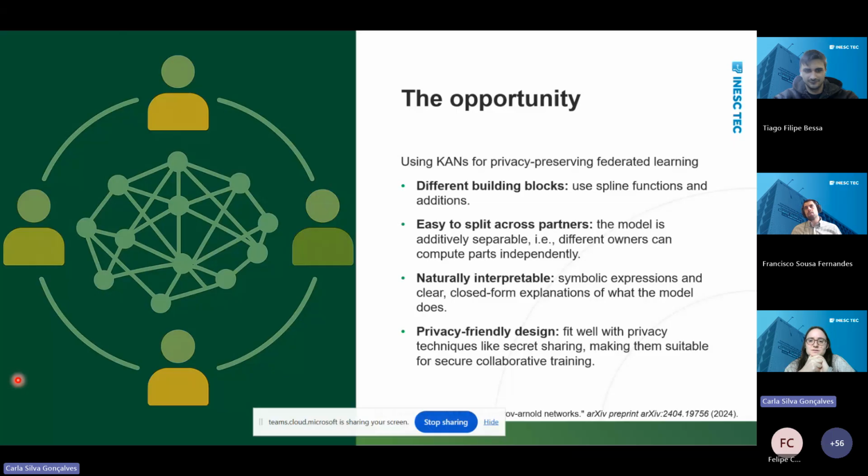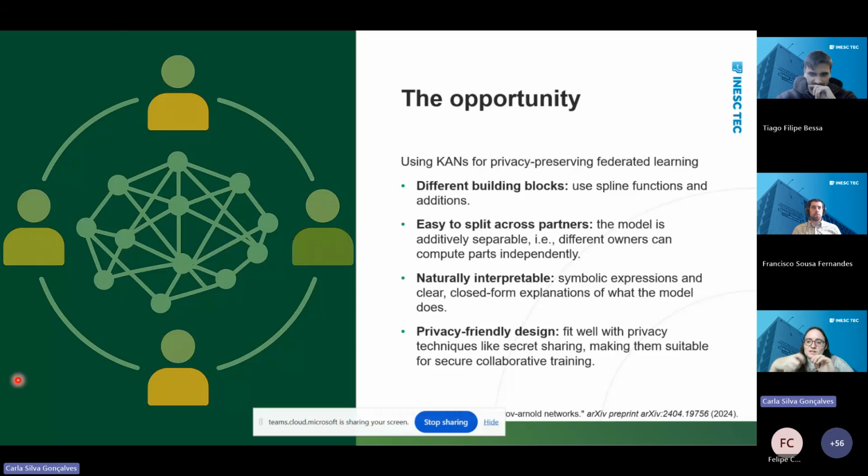And it has some properties that are interesting for privacy preserving federated learning because they use spline functions. So they transform the data with spline functions, and then they just had these spline functions. This is interesting because it is easy to split operations across the partners, the data owners. The splines are naturally interpretable.